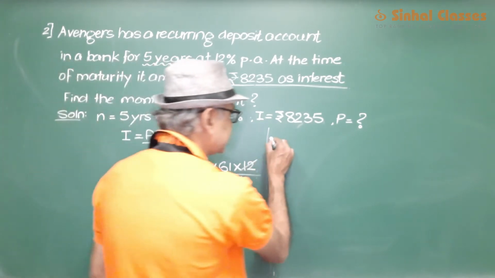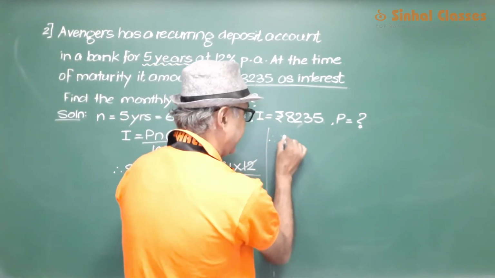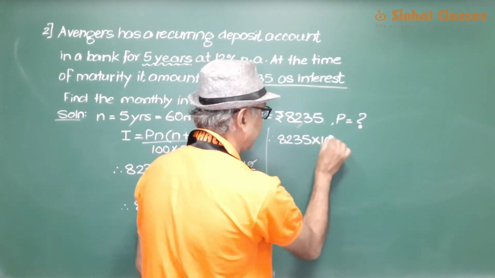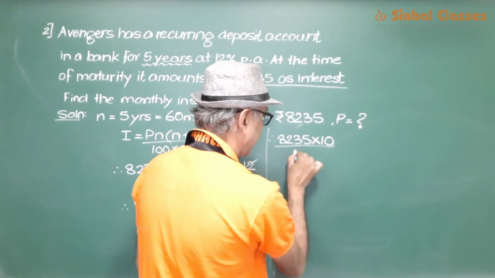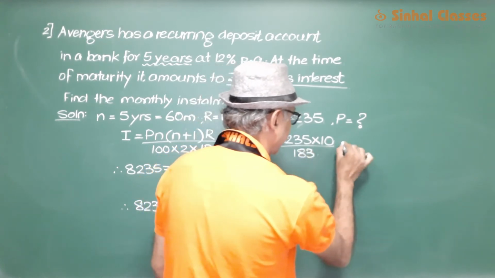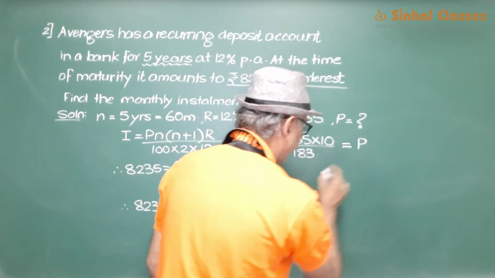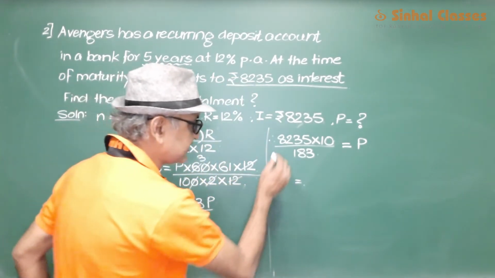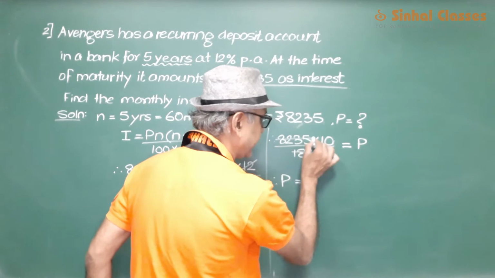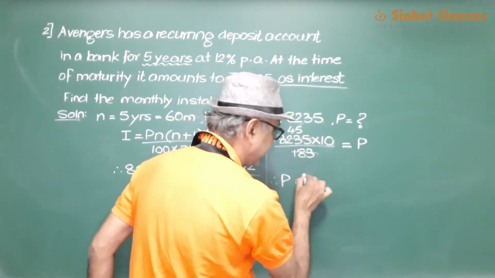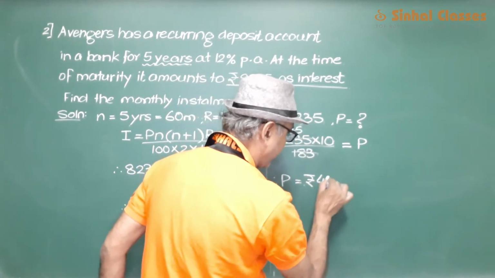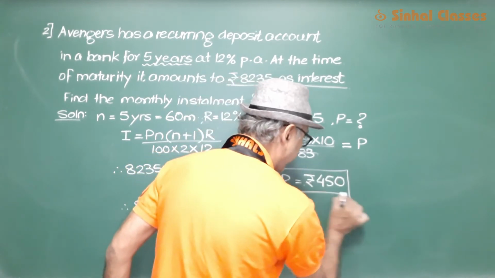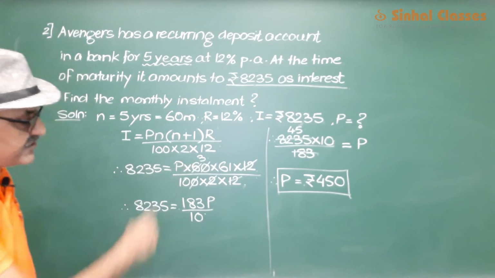So what you get is 8235 into 10 upon 183 is equal to P. So P is equal to, you get it as 45, and if this is 45, the principal is 450. Guys, this is your answer.